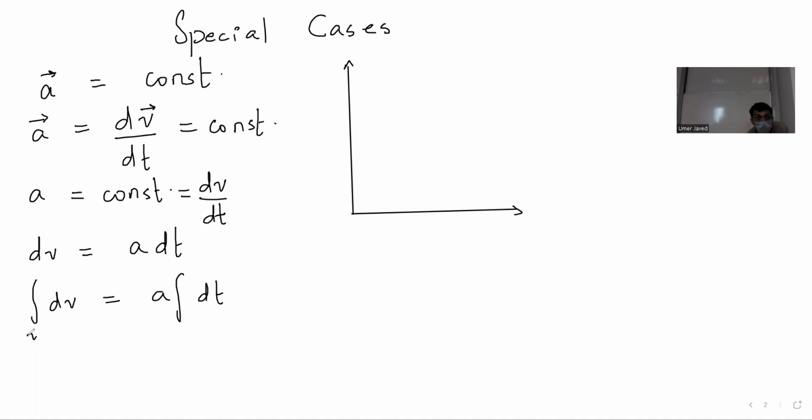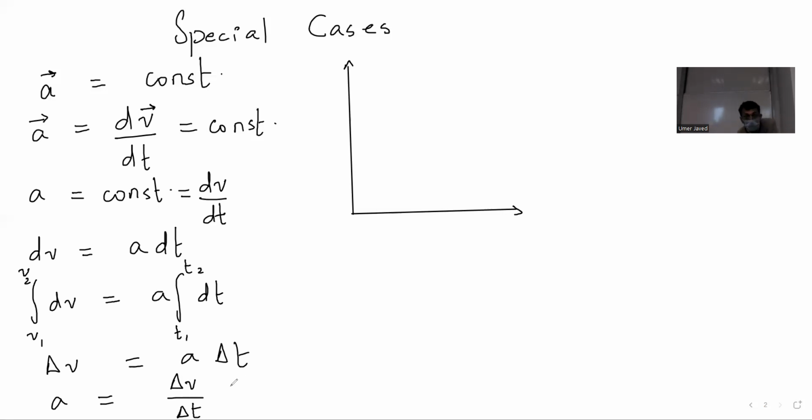So I will skip one step. What do I have? Delta V equal to A delta T, and I have A equal to delta V by delta T. Now, most of you are saying, where did we study that?